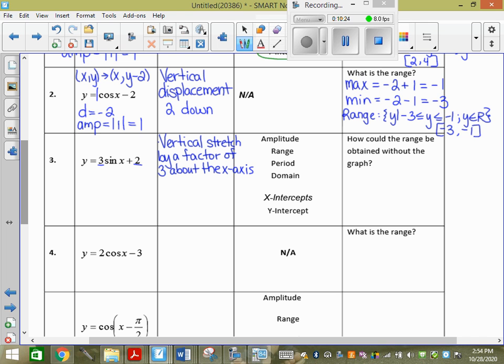What's this 2 at the back? A vertical displacement, what? 2 up.